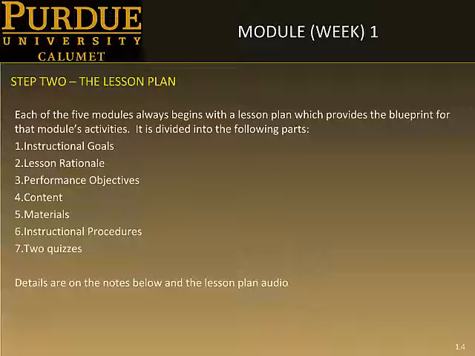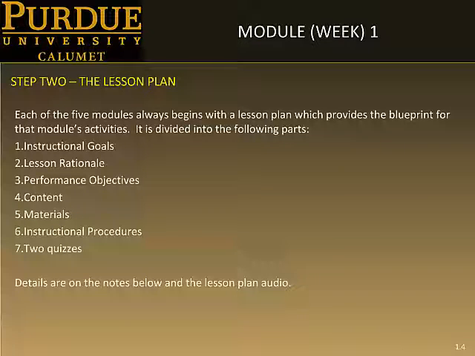We are now at step 2 of our lesson plan for Module 1. This is an overview of the lesson plan for today, and each of the modules will have one of these. It's something of a blueprint for that module's activities and is divided into the following parts. First, instructional goals. Second, a lesson rationale.